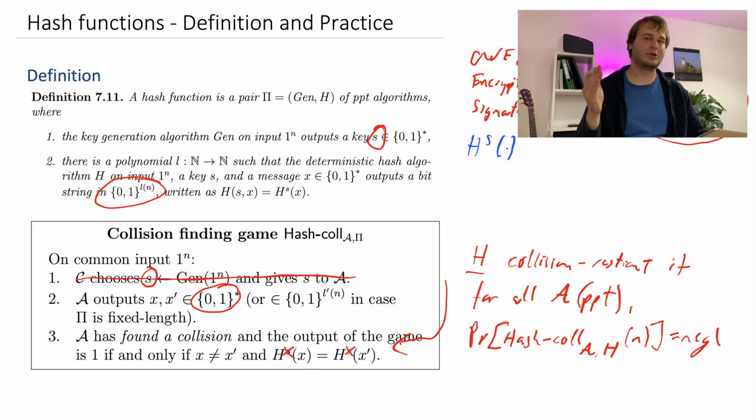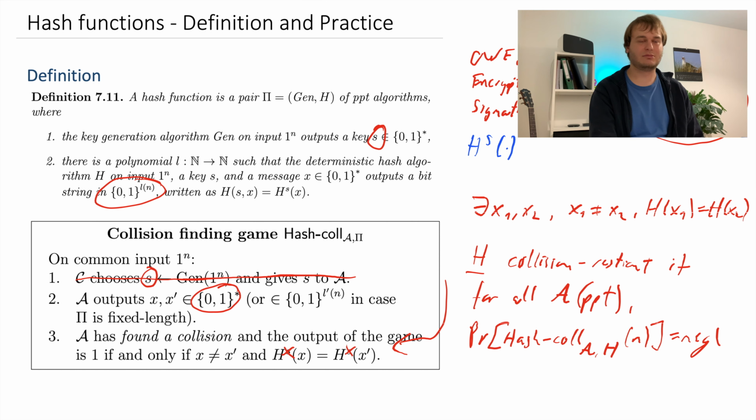There are way too many pre-images for way too few images to fit all of them. So mathematically, those exist. So I can write that there exist x1, x2 that collide. If you know what the pigeonhole principle is, that's it. Okay, so these things exist.